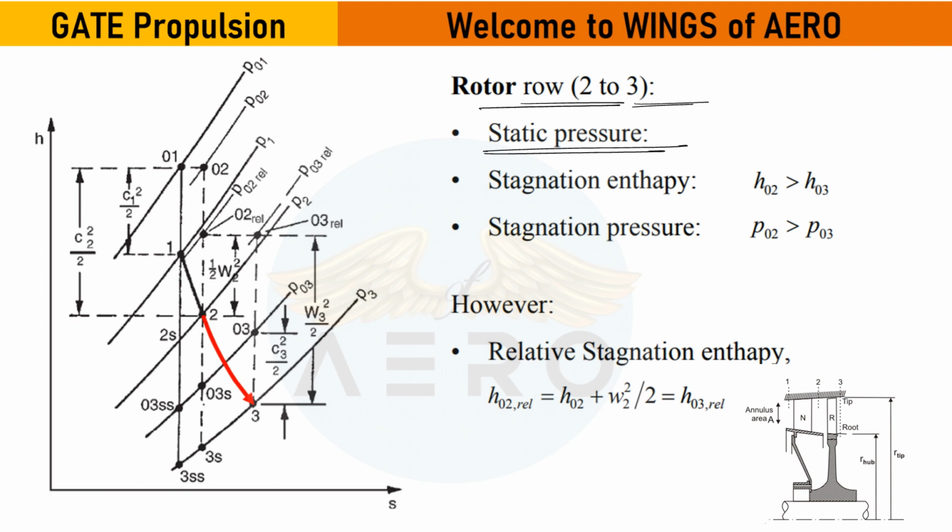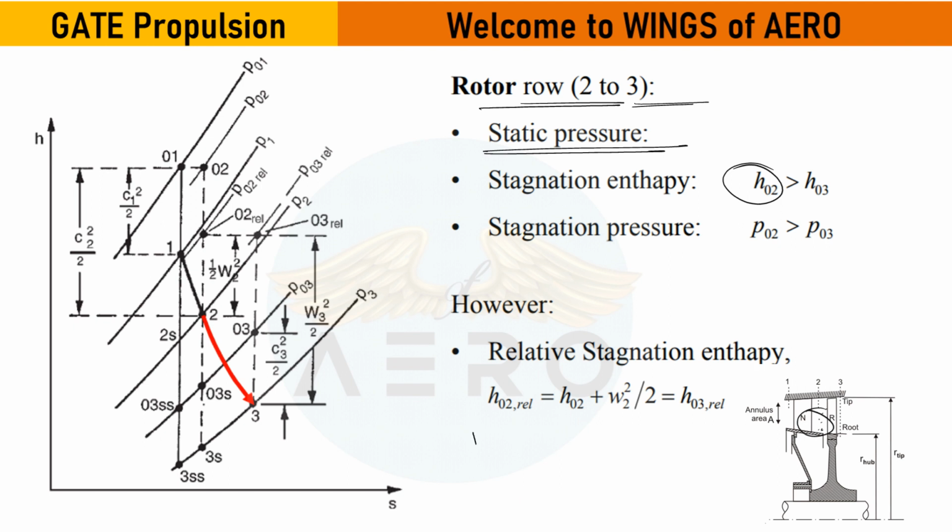So H02 is going to be higher. That means at this particular location it's going to be higher, right? And H03 is going to be less as compared with that. Now if they ask a question, can you draw the stagnation enthalpy diagram for the axial turbine? Is it possible for you to draw?